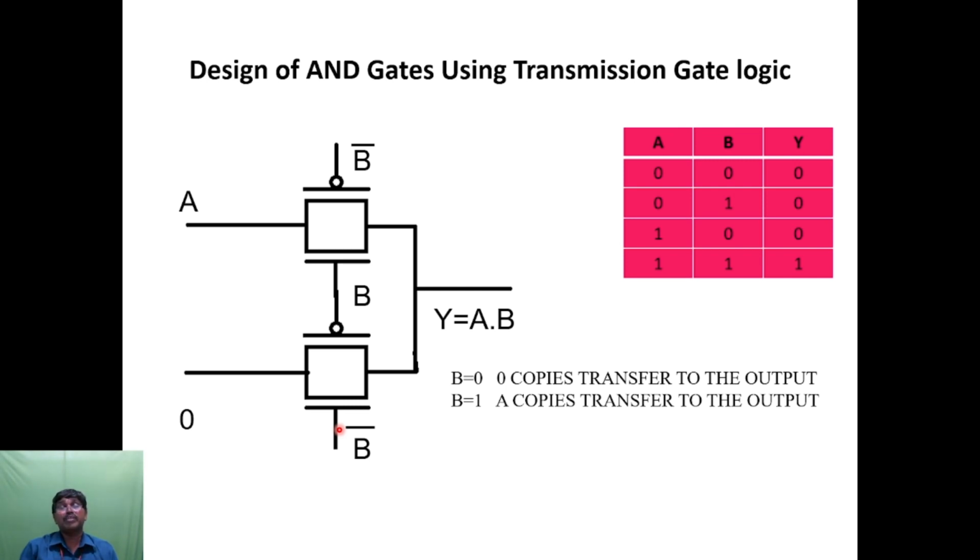In the design of a transmission gate, the concept is that both PMOS as well as NMOS are combined together. The same concept we use in designing the AND gate, but in the previous case it is a single transistor. Here it is a double transistor, nothing but PMOS as well as NMOS.